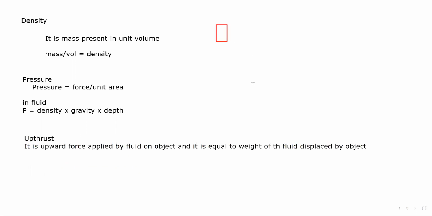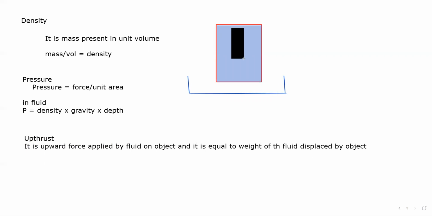For example, you have a container and that container is completely filled with water, okay? And you place this into a large tray and you submerge another object inside this container. When you submerge this object inside the container, the liquid will come out.